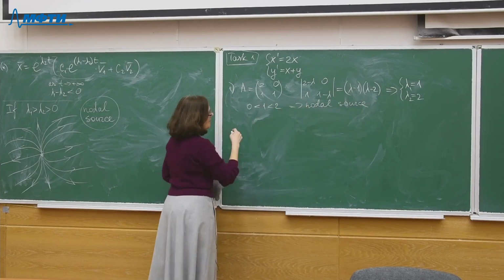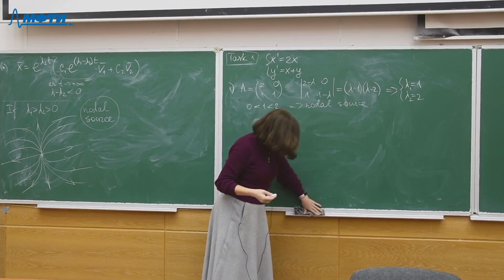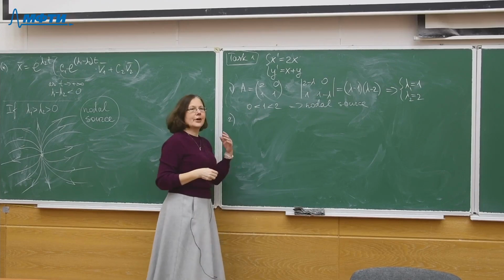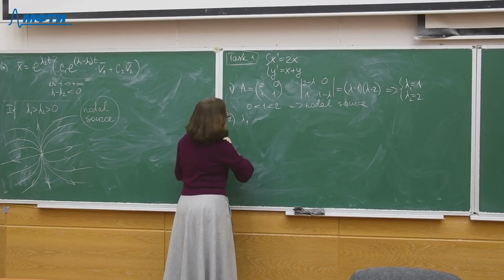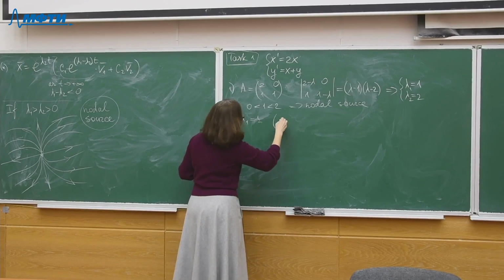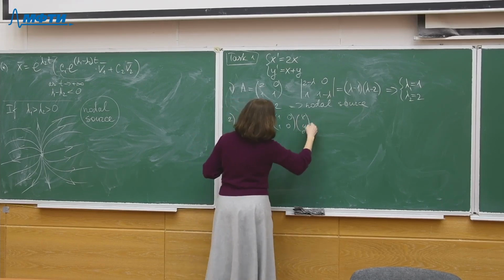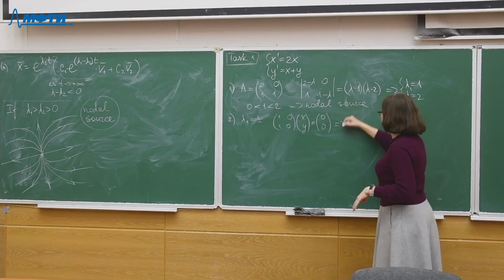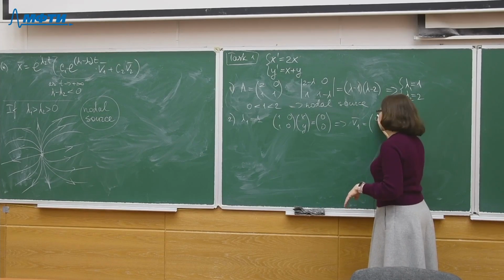Well, but next we want to have a qualitative figure, right? So to do this, we need to know the eigenvectors. Let's find them. Eigenvector associated to this eigenvalue. So we need to solve the following. From which it is clear that as the vector v1 we can take (0, 1).